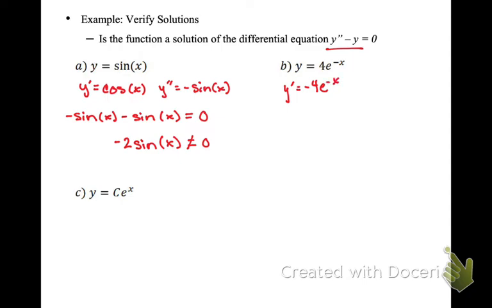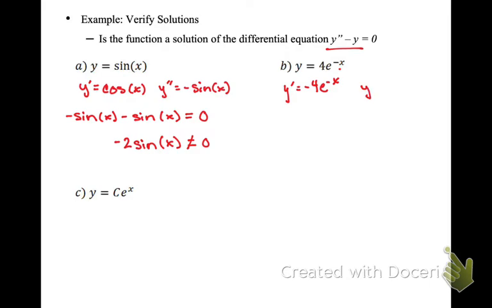Because remember the rule for exponential is u prime times e to the u? Yep. And u would be negative x. So the derivative of negative x is negative 1. And negative 1 times 4 is negative 4.